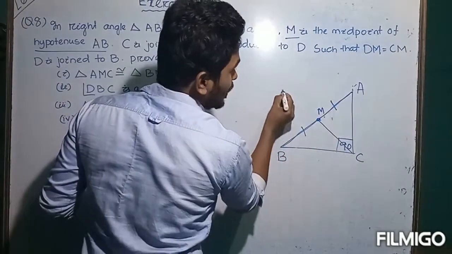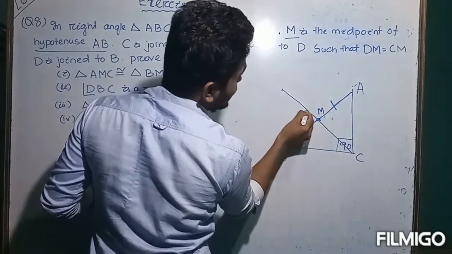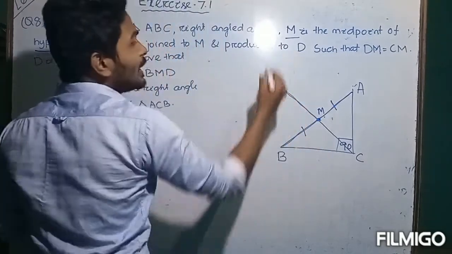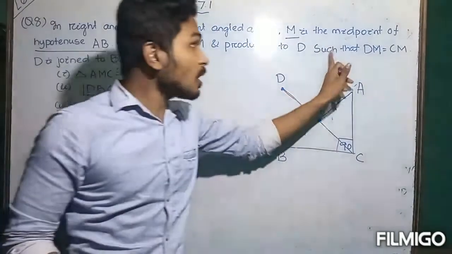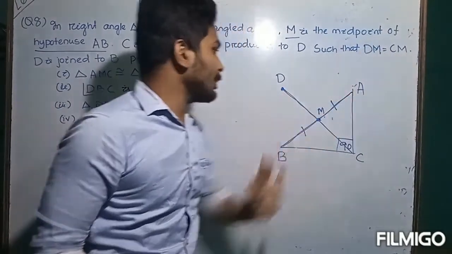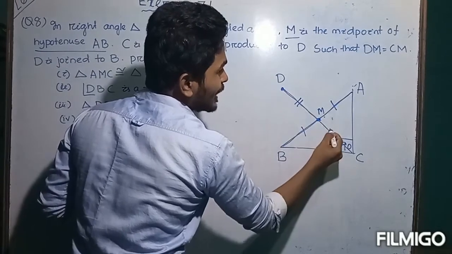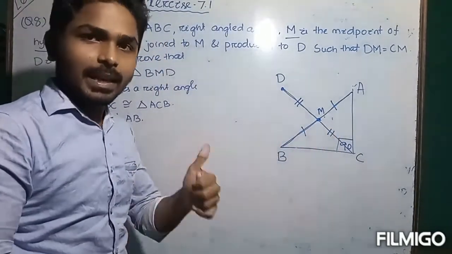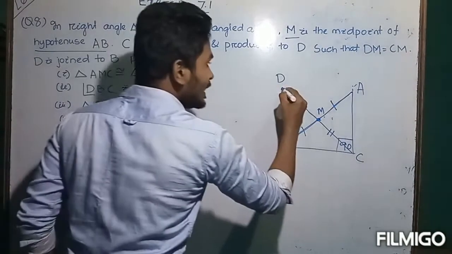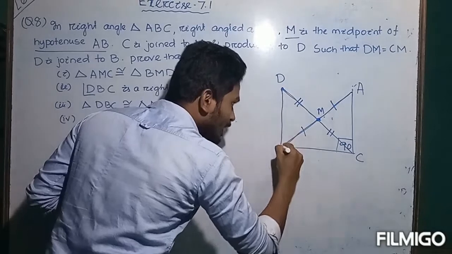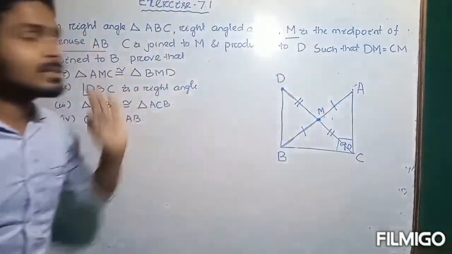Suppose this side is produced like this to a point D, so that DM is equal to CM. It is given DM is equal to CM. Clear? Next, D is joined to B. Okay, so this is the complete figure we have taken out from the statement.